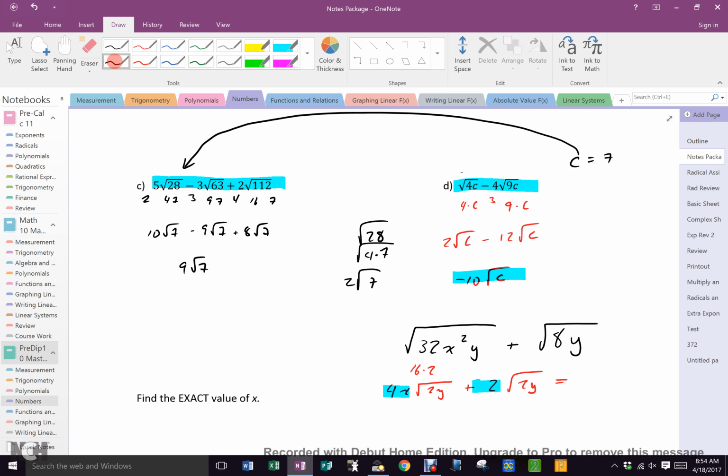You got to go back to grade 9. That's 4x plus 2, yes? Times what? Root 2y. Is everybody good? That's about as hard as we can get with addition. But please notice, it's just everything you already know piled on top of each other.